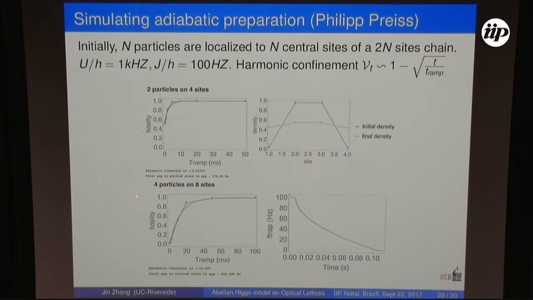And similarly, for 4 particles on 8 sites, it starts from 0. The time scale is also small. You can see after like 40 milliseconds, we still go to the ground state.